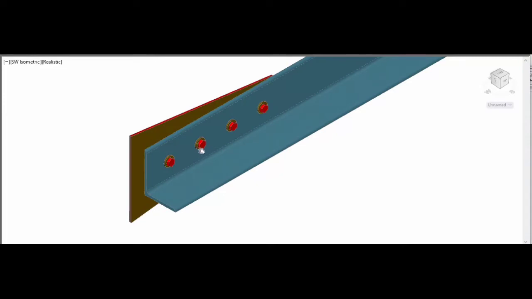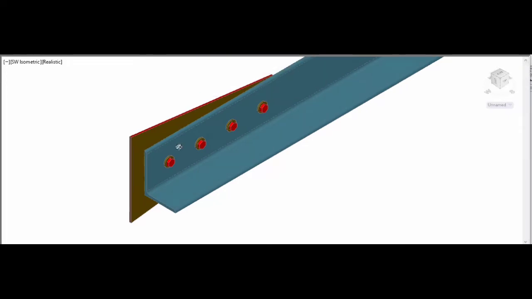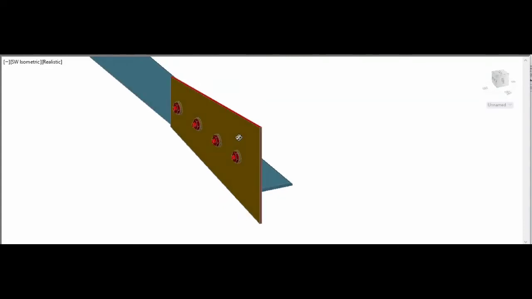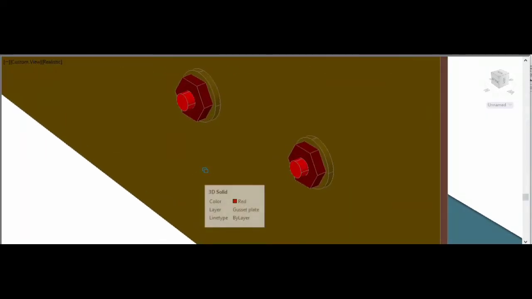Here you can find the bolts, the different grades of bolts that are used in the connections. I'll just rotate this and show you how it is being connected by the nuts and the washers.